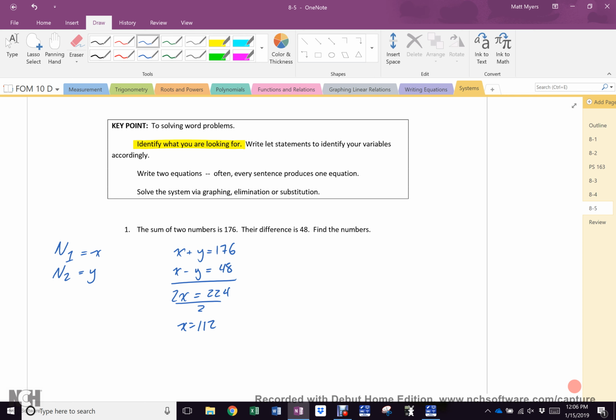No. Which is the x that I do not want to use? I got an x there in yellow. I got an x there in green. I got an x there in blue. Which is the one that is useless to me right now? The blue one. Because I already know x. I need to find y. So I am not going to use that x.